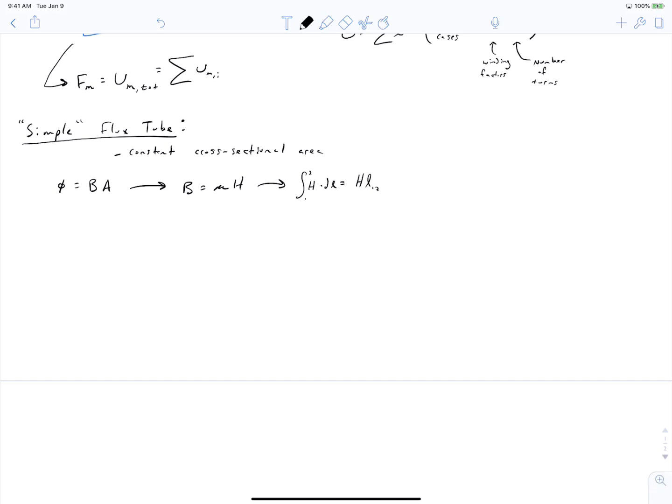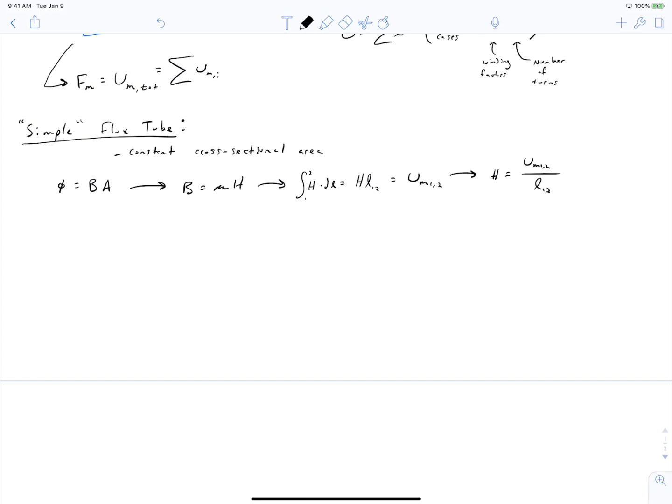Because we have a constant cross-sectional area, that means that H is constant along our path, and so we can just simply evaluate the integral by pulling H out and multiplying by the length. And this is equal to our magnetic voltage across our flux tube. And so therefore, we can say that H within our flux tube is equal to our magnetic voltage divided by the length of our flux tube.